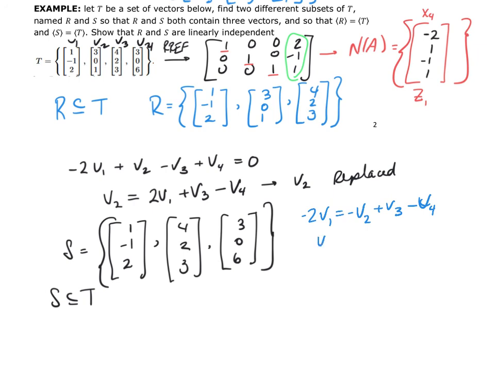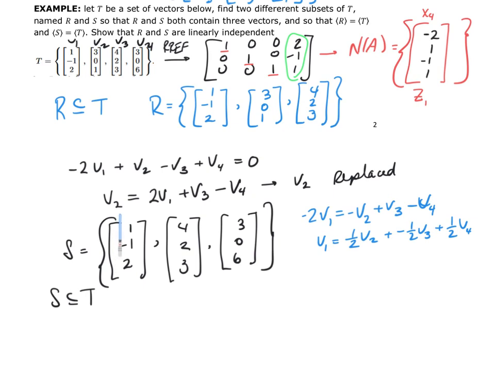So V1 is going to be equal to 1/2 V2 plus -1/2 V3 plus 1/2 V4. So I would have had to take all the entries of V2 and multiply them by 1/2, and the same thing with V3 and V4.